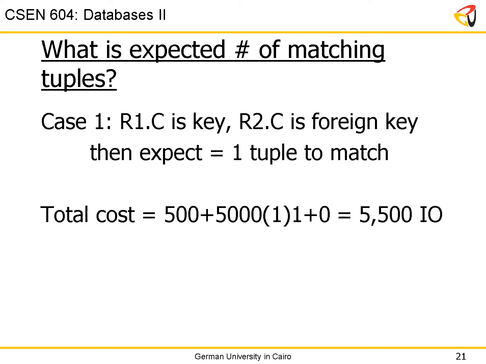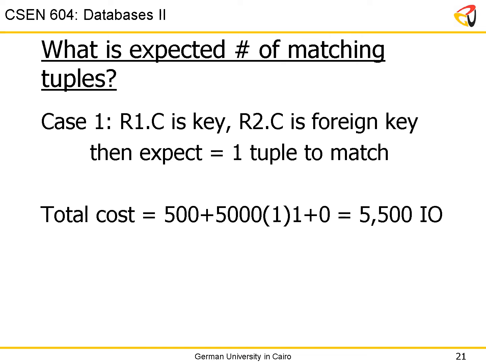So if I got the 20 from R2 and go to the R1.C index and ask, do you have a 20? It will tell me, yes, I have a 20, and here is the reference to the page that has this 20 in R1. So how many times am I going to go to the index for R1.C? 5,000 times, because I have 5,000 rows in R2. Asking the index has no cost.